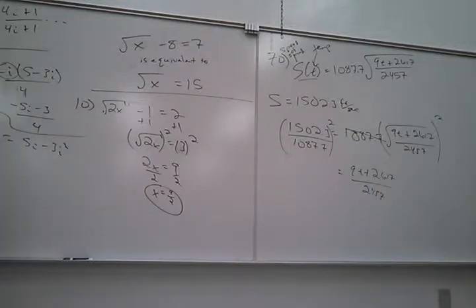Is that cool? Over 4i squared. So I'll get 5i plus 3, is that cool? Over negative 4, and the only difference there is I brought the negative up. Those are the same exact thing.